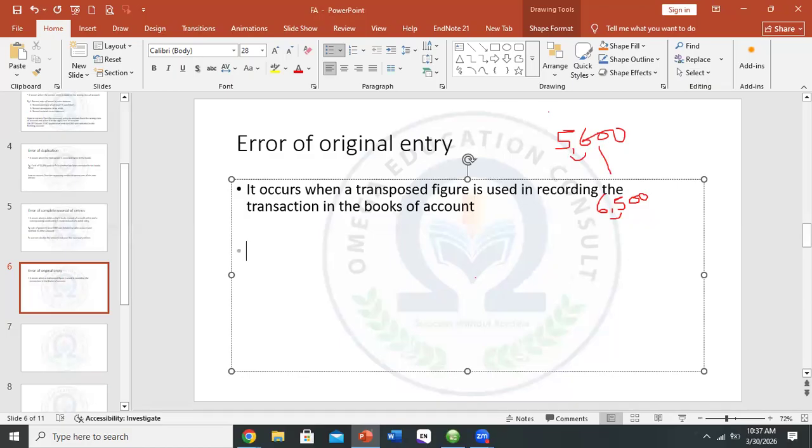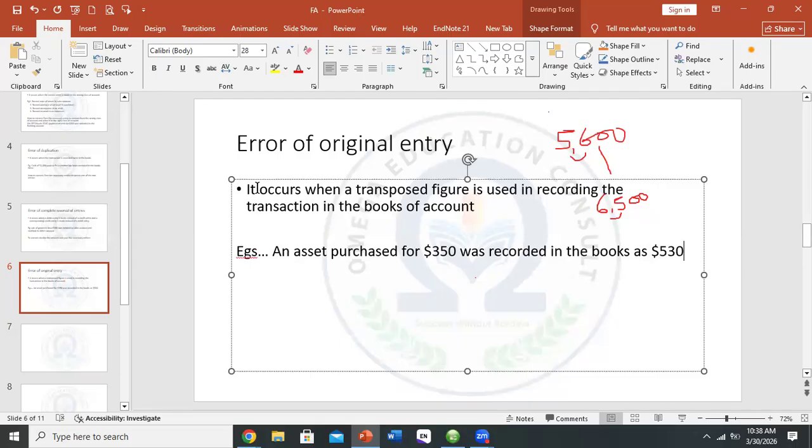So example, an asset purchased for $350 was recorded in the books as $530.